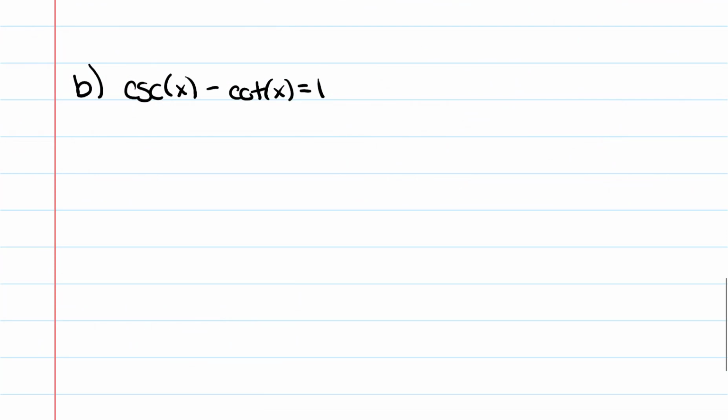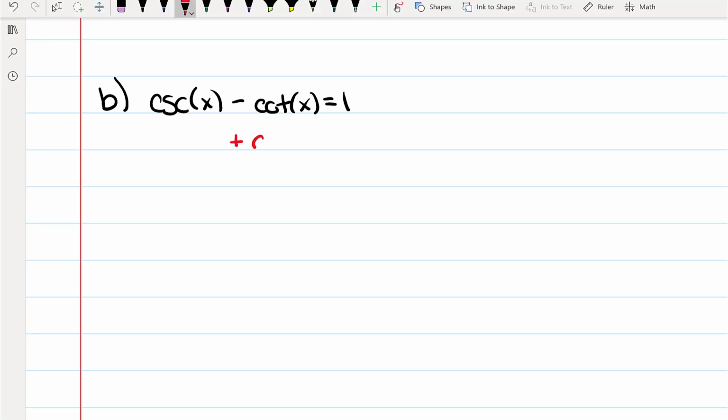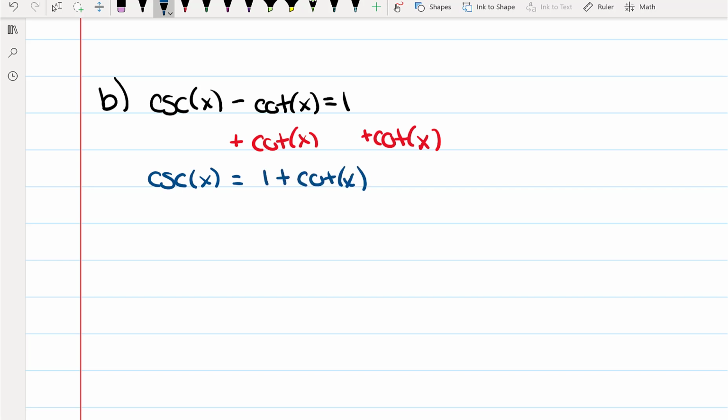So here we have cosecant of x minus cotangent of x equals 1. A tip that I'm going to give you guys is it's always easier if you only have one trig function on each side of the equation, because when you square it, it's going to make your life a lot easier. So we're going to go ahead and add cotangent of x to both sides, and we get cosecant of x is equal to 1 plus cotangent of x.